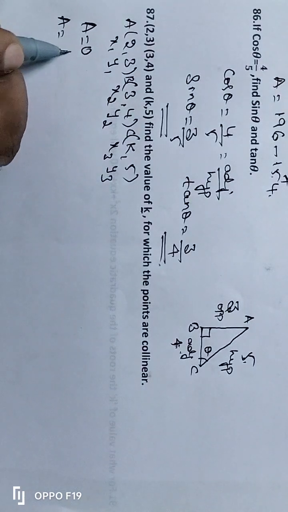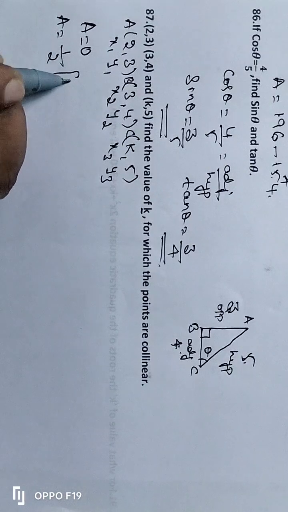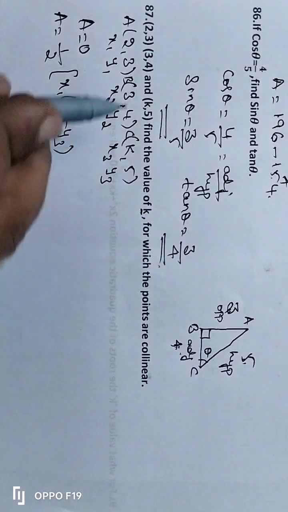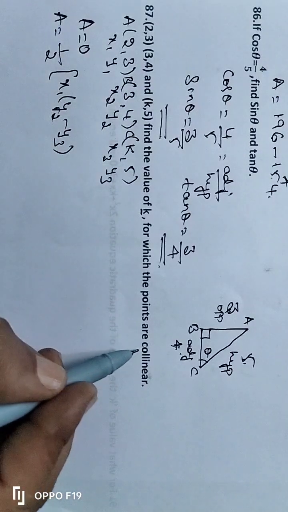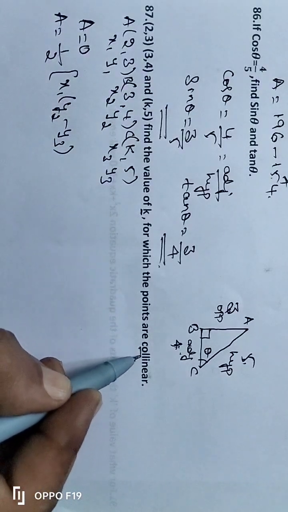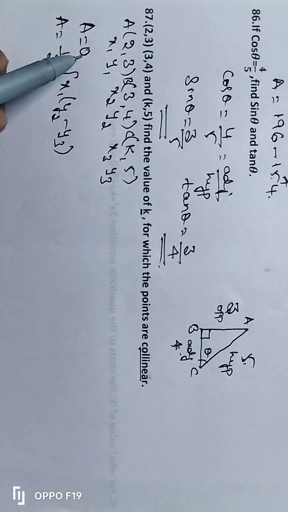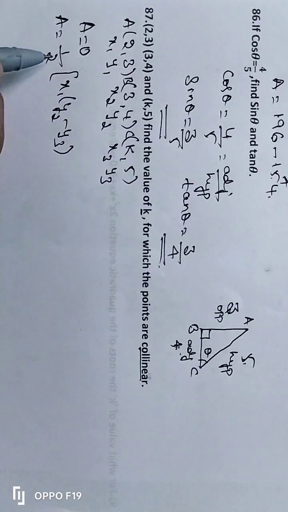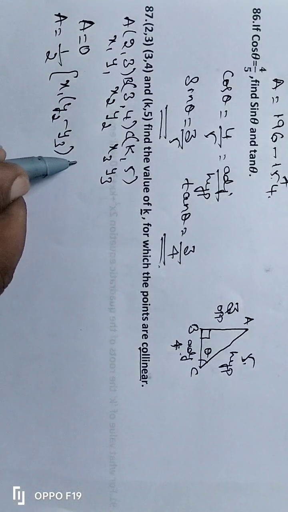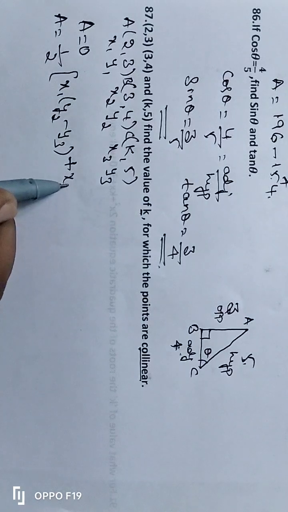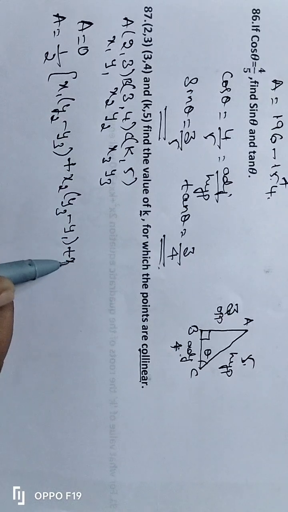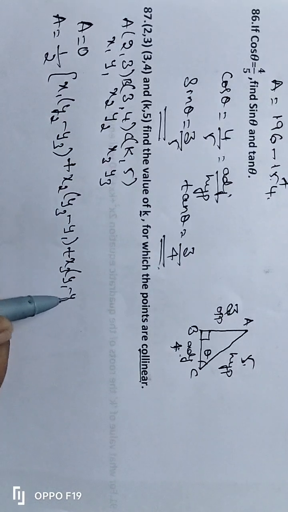If this type of problem is given, and they say the points are collinear, then you have to put the area of the triangle equal to 0, and write the formula: half into x1 into (y2 minus y3) plus x2 into (y3 minus y1) plus x3 into (y1 minus y2).